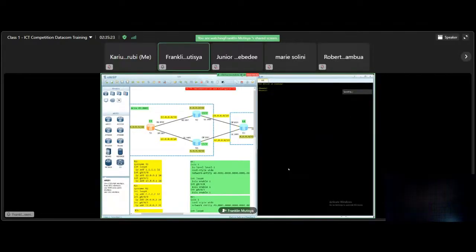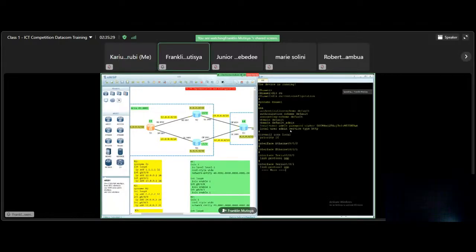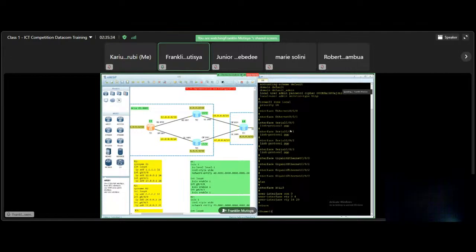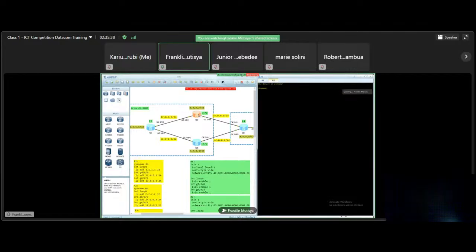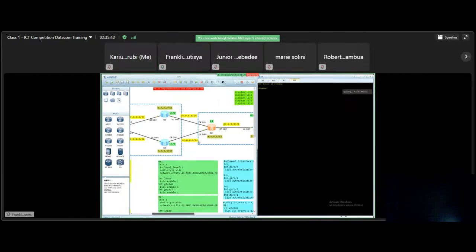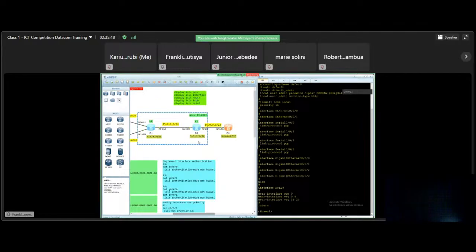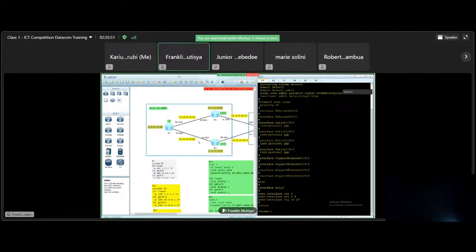I want to assume the routers are not configured with any configuration. To see the configuration, I say display current-configuration. Let me just scroll through. There are no configurations, so allow me to just plug in the right configuration first.